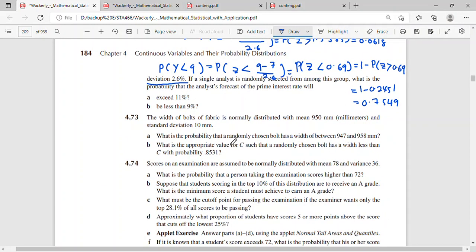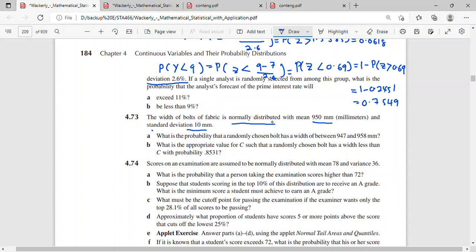So try by another one, 4.73 here. The width of box of fabric is normally distributed with mean 950 milliliters and standard deviation is 10. What is the probability that the randomly chosen box has a width of between 947 and 958?